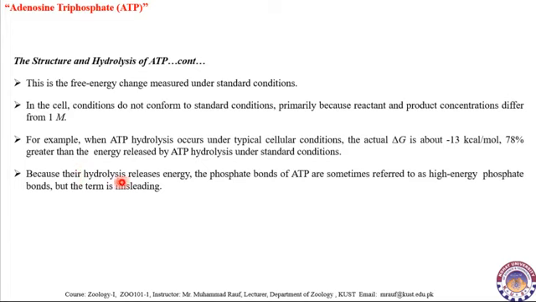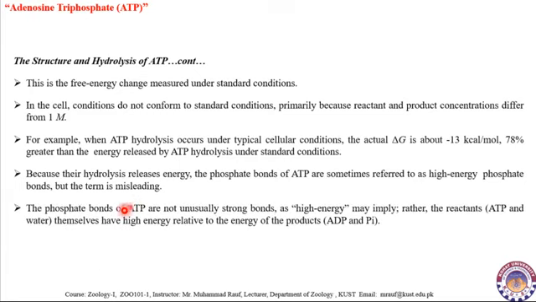Now, because their hydrolysis releases energy, the phosphate bonds of ATP are sometimes referred to as high energy phosphate bonds, but the term is misleading. Why? The phosphate bonds of ATP are not unusually strong bonds, as high energy may imply.